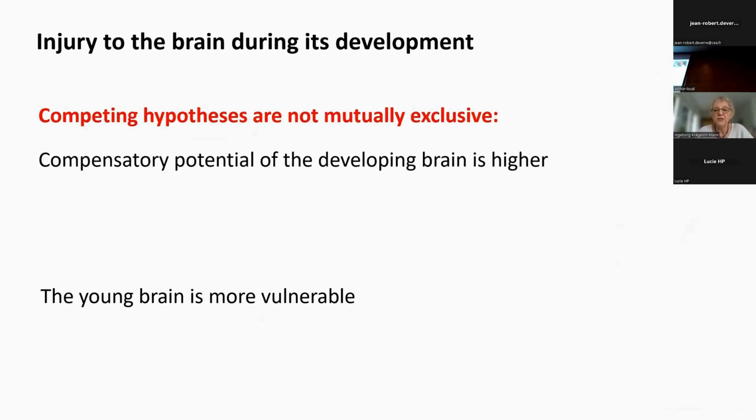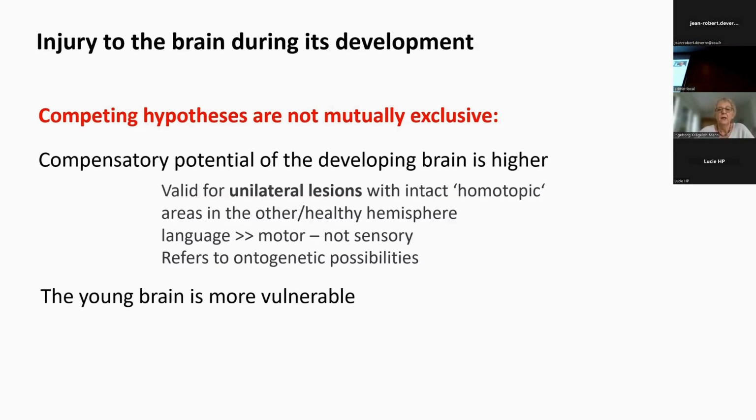And what imaging can show you is that these competing hypotheses are not mutually exclusive. That means the compensatory potential of the developing brain is higher in unilateral lesions when you have an intact homotopic area in the other healthy hemisphere which can take over. And that is very clear for language. That is the best model. It is also clear for motor, but not so effective.